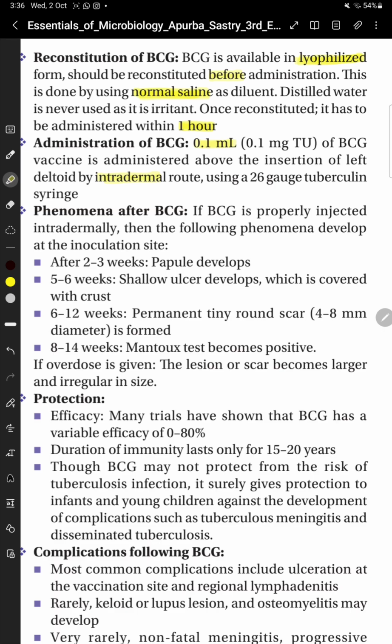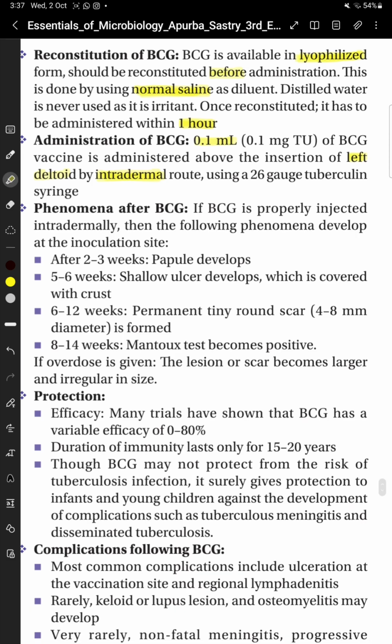The route of administration of BCG vaccine is intradermal.